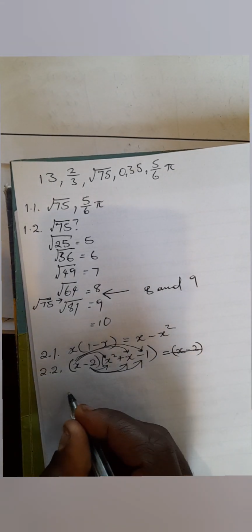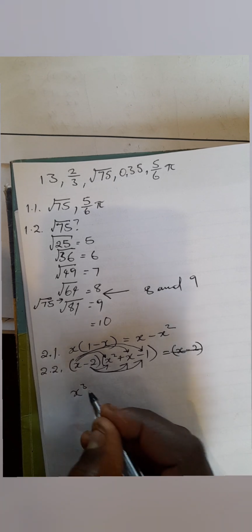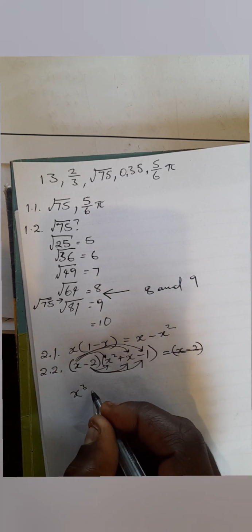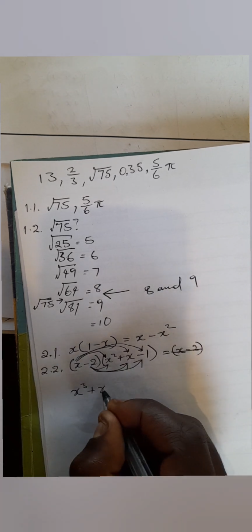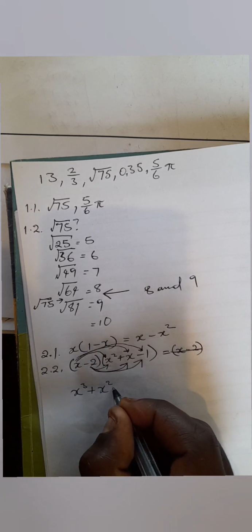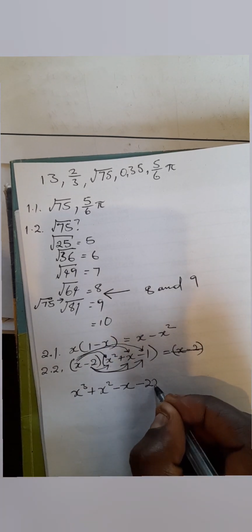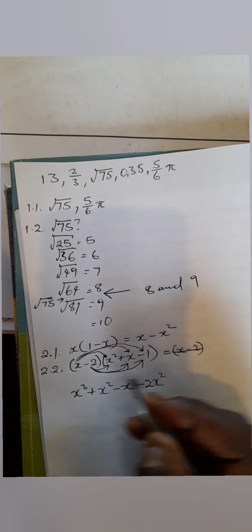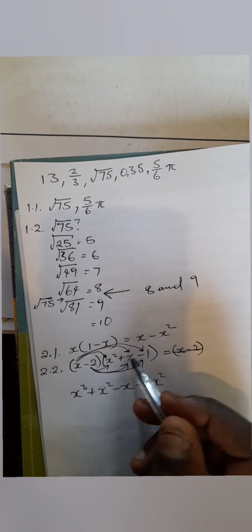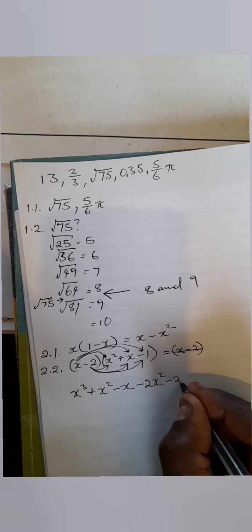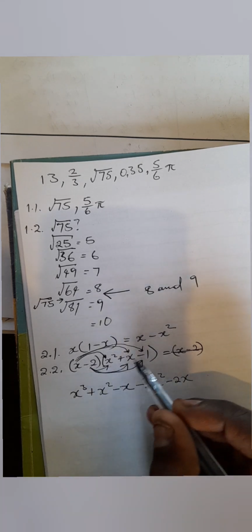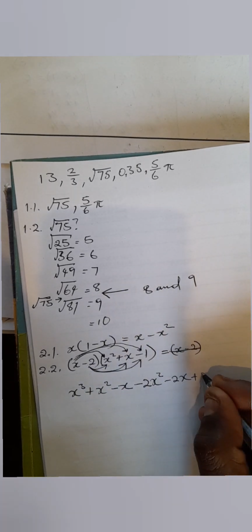So x times x squared is x cubed, x times x is x squared, x times minus 1 is minus x, minus 2 times x squared is minus 2x squared, minus 2 times x is minus 2x, and minus 2 times minus 1 is plus 2.